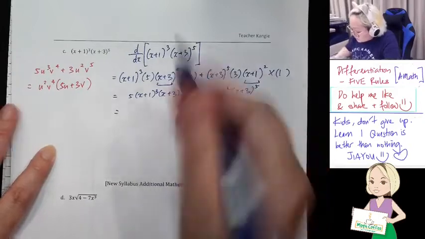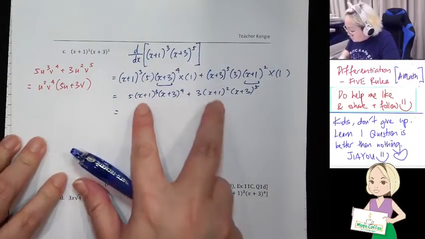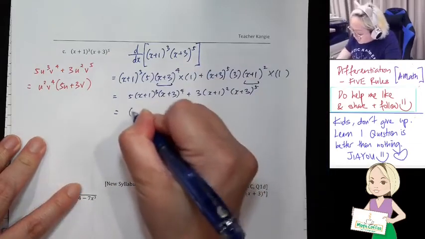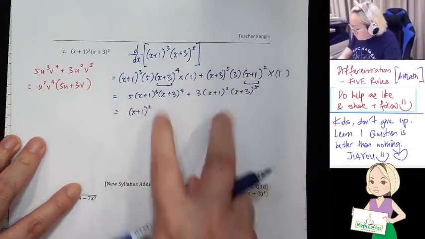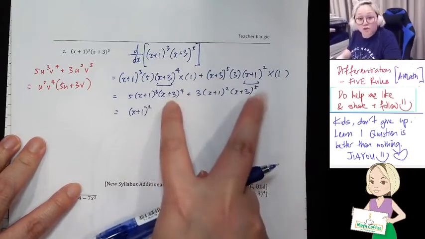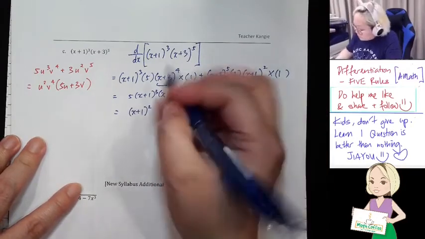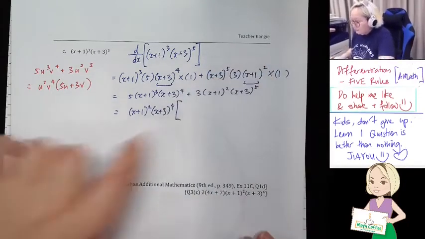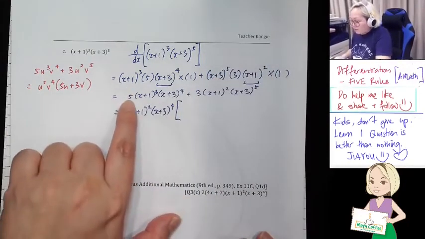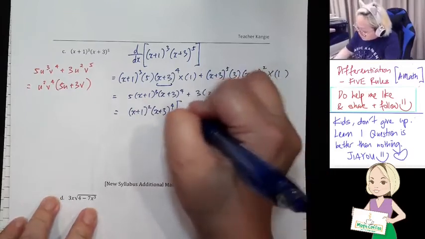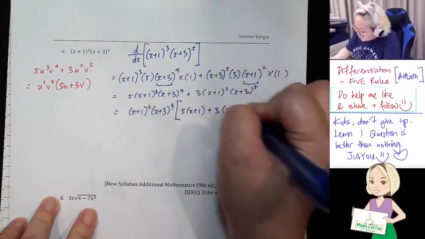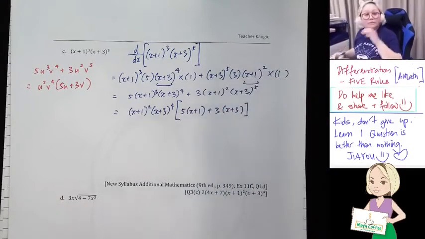I take out (x plus 1) to the power of 2, and (x plus 3) to the power of 4, because between 4 and 5, of course, I pick the lower one. Put the square bracket. First term, after I take out, I left with a 5(x plus 1). This one I left with a 3(x plus 3). And close it.